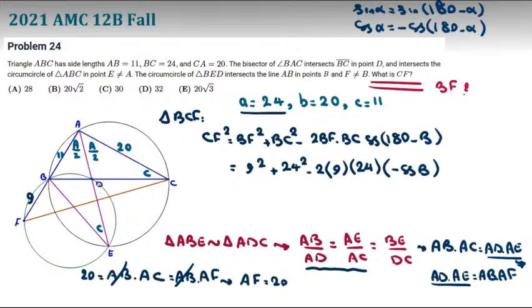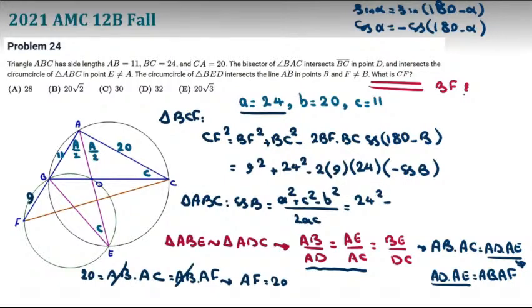Now I need to find cosine B. Again, by the cosine rule in triangle ABC, you can say cos B equals A squared plus C squared minus B squared over 2AC. A squared is 24 squared, plus C squared is 11 squared, minus B squared is 20 squared, over 2AC, which is 2 times 24 times 11.